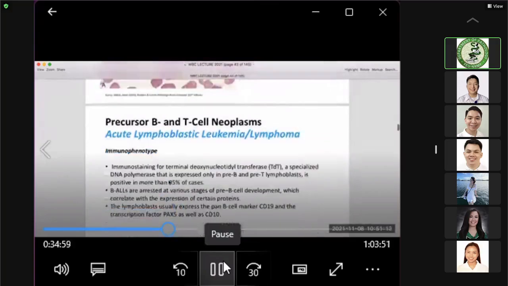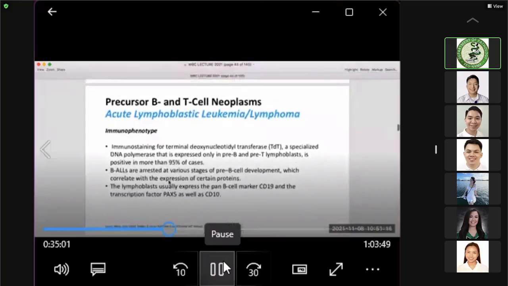Okay. So we have here immunophenotyping. This is very important. This is routinely requested if we are making a diagnosis of white blood cell neoplasm. So in here, immune staining for TdT, which is expressed only in pre-B and pre-T lymphocytes, will be positive in more than 95% of cases.